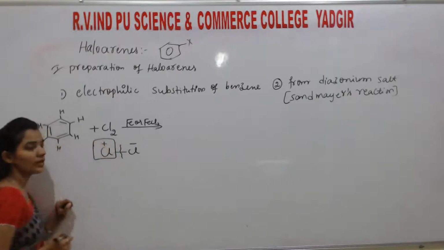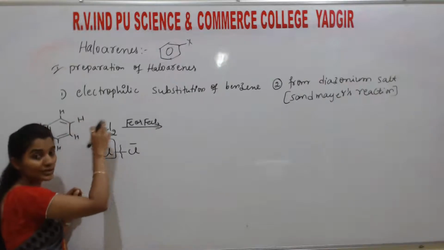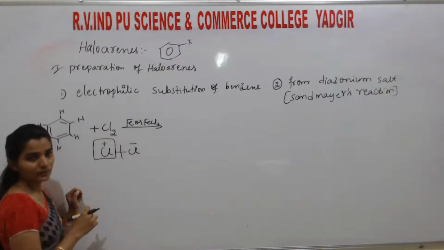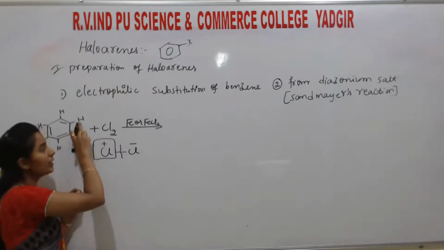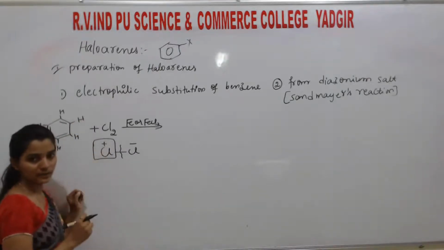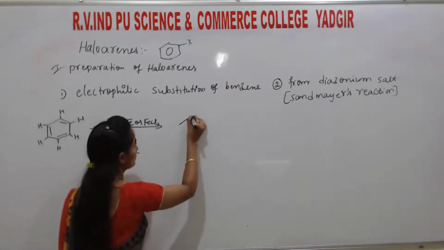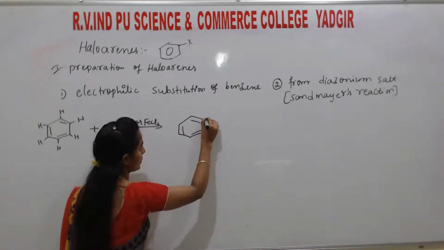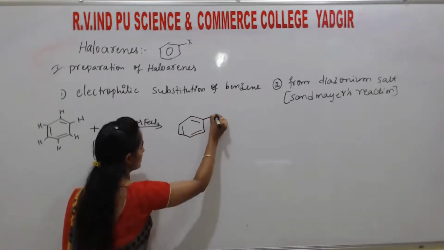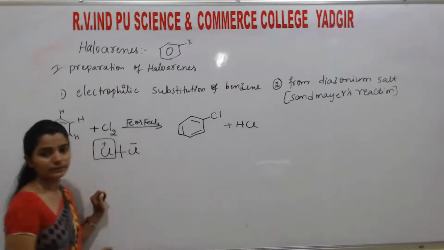The species with a plus charge is the electrophile, because from here H plus is displaced. Correct? So H plus is replaced by this. Understand? So then what happens? It forms a product where one H is replaced by Cl, plus HCl.